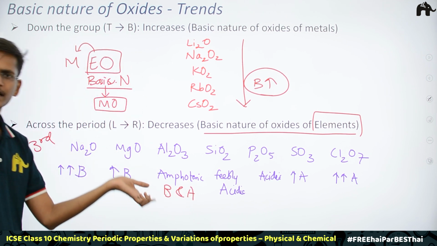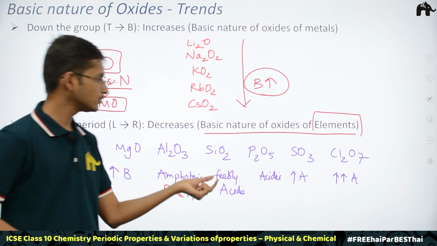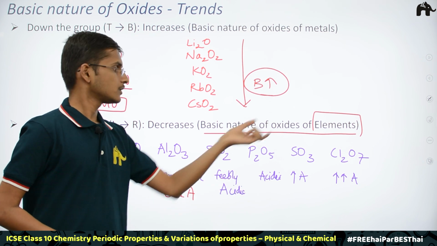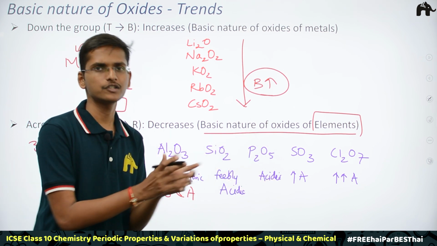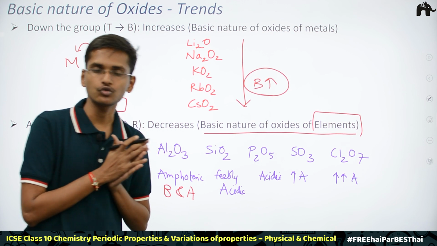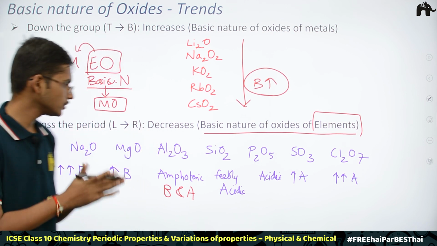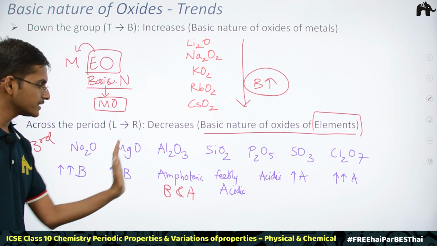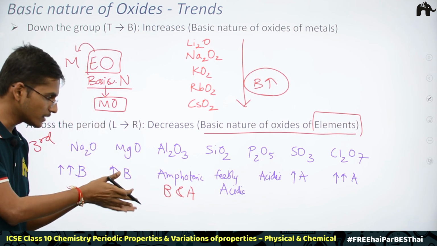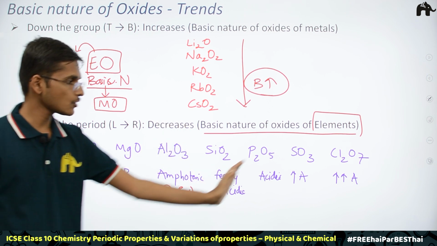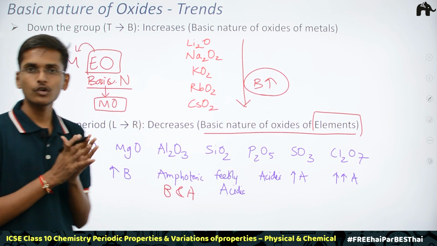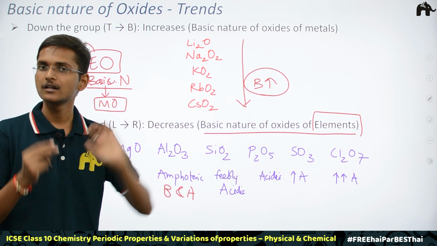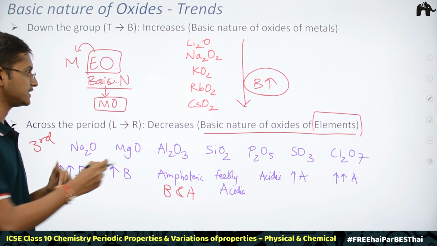Then SiO2 is feebly acidic, then P2O5 is acidic, SO3 more acidic, and Cl2O7 is more acidic than SO3, strongly acidic. You can clearly see the basic nature is decreasing from more basic to less basic, then much less basic, and then the rest of the oxides are acidic. So what is our conclusion? When we are moving across the period from left to right, the basic nature of oxides is decreasing.